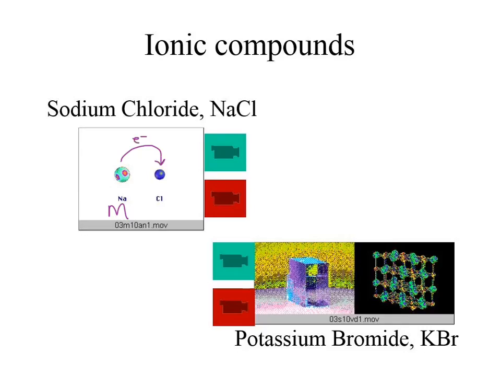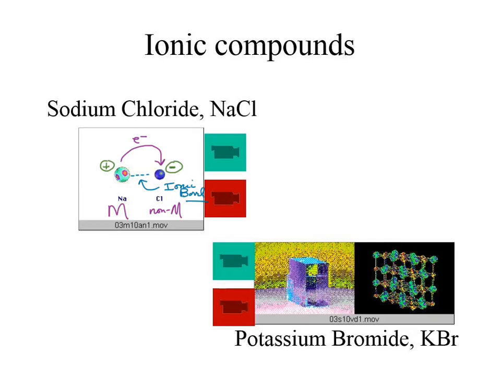Here's my little electron being transferred from the metal to the nonmetal. When that chlorine atom gets that electron, it becomes negatively charged. And when that sodium loses that electron, it becomes positively charged. Then we have a dot, dot, dot, and that is a type of chemical bond, an ionic bond.